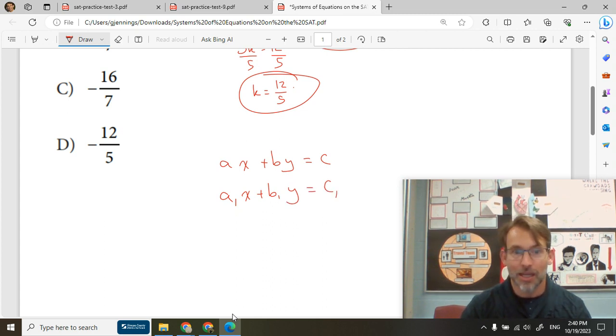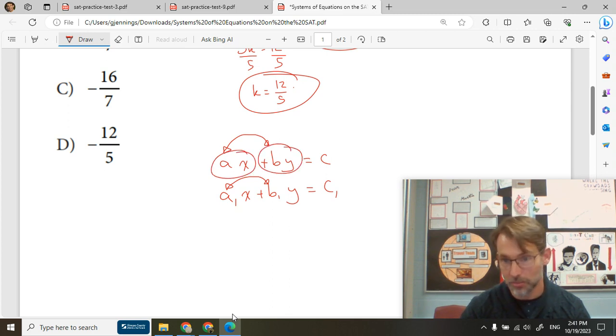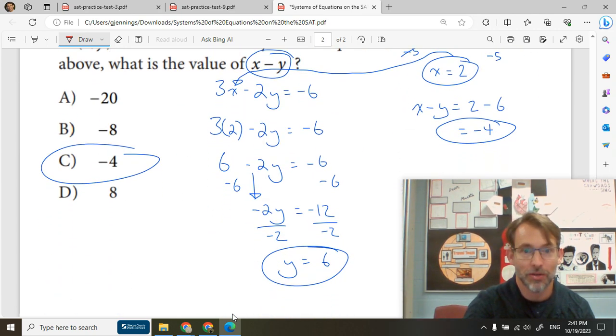Okay? If the ratio of a to b is the same as the ratio of a prime to b prime, then any attempt to eliminate the y variable will also eliminate the x variable at the same time. If a and b are in the same ratio as a prime and b prime, in other words, the two lines are parallel. And that's what we're going to bring with us to this next question down here.